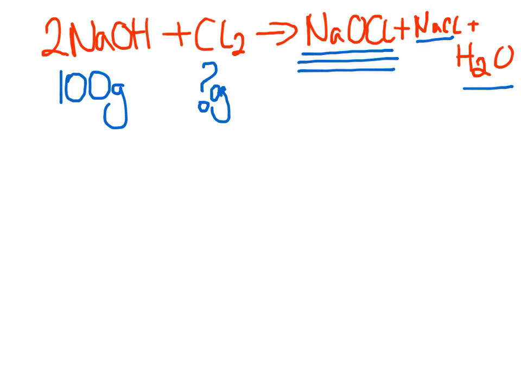So in the previous part, we worked out the relative formula masses of the two, remembering that there's twice as much sodium hydroxide, so that was 80, and we've got 70 grams of that. Okay, having noticed just previously, it should actually be 71 grams of chlorine.